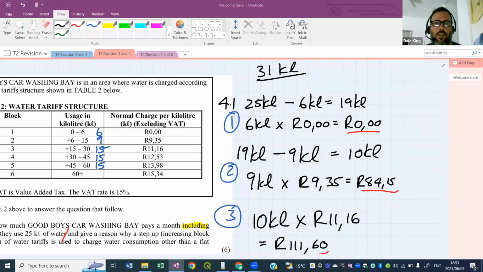But that 111 Rand 60 needs to be added to what you do in the second block as well. So your calculation is for the third block. That's fine, but you must add that 111 Rand 60 cents to the calculation you do for block 2, because block 2 also needs to be charged. All right, so that's good. Don't forget to charge block 2 as well.